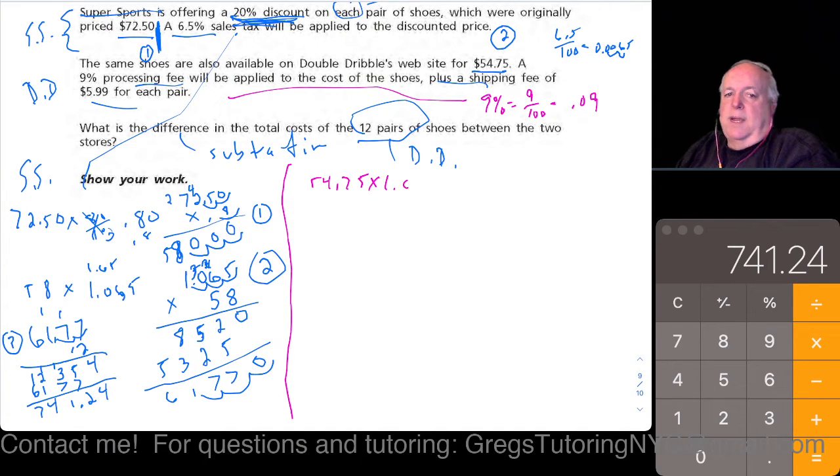Okay? And as you can see, we have instantaneously a super ugly number. All right? So let's try that over here with the most space possible. So we're going to get 54.75 times 1.09.